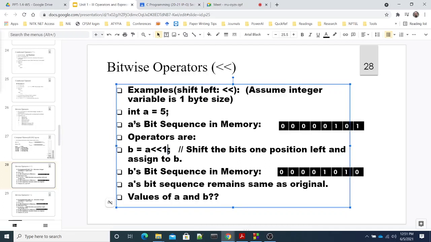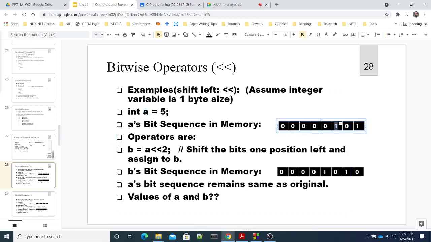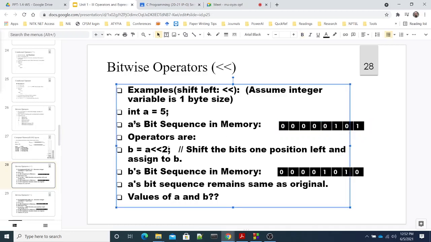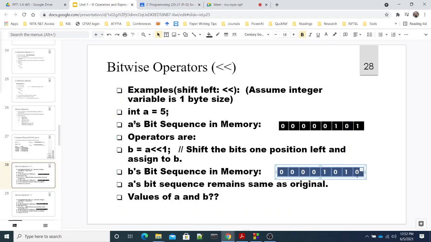If I put 2, the bit sequence of a will be shifted towards the left by 2 positions. That means this 1 will reach here, this 0 will reach here, this 1 will reach here, and 2 zeros will be added. Okay, so the simplest case is shifting left by 1. Is it clear? Any doubt? This is what we get.